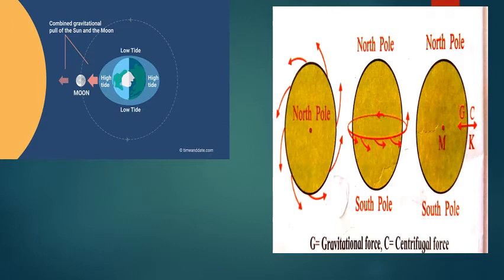I had mentioned that. We had seen some pictures of the centrifugal force and the gravitational force. Now, what are all these things? These act as a major role on our earth. Because of that, we know that the tides are caused.